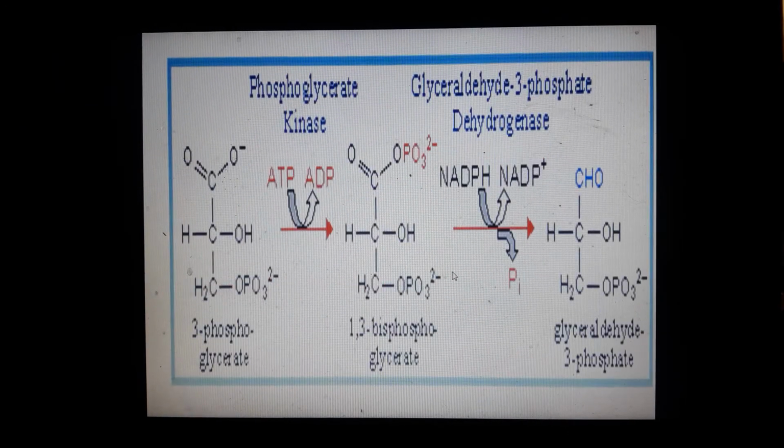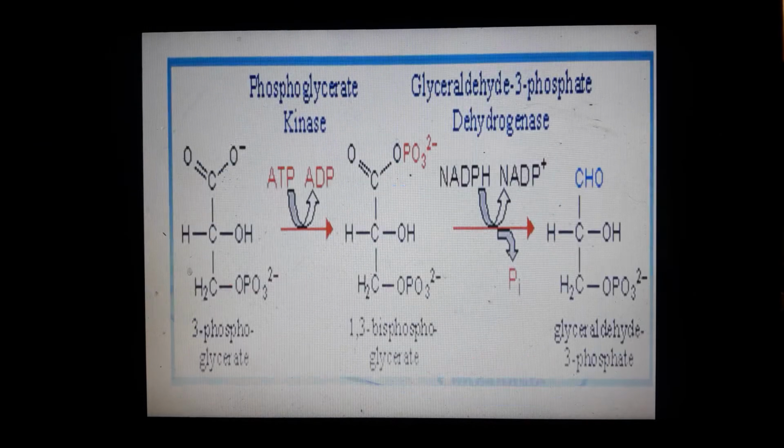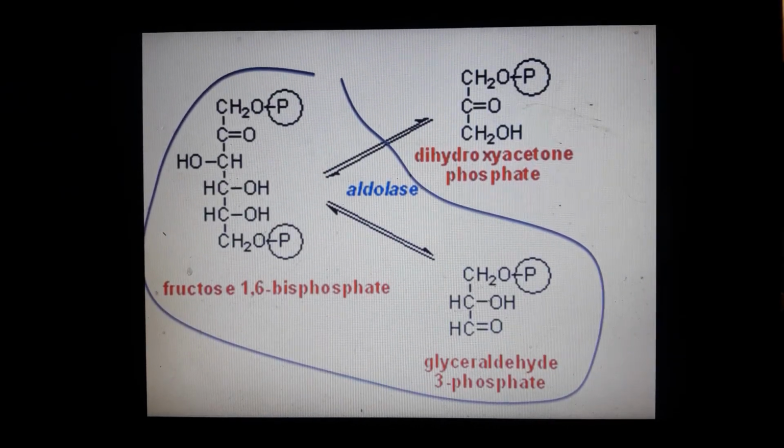Then take note, the glyceraldehyde 3-phosphate, this is the continuation, the process between step 4 and step 5, is converted again to fructose 1,6-bisphosphate. Okay? So this is the reverse of step number 4 of glycolysis.